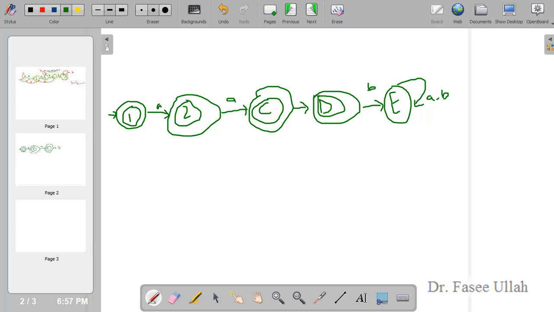This is B, based on the condition, is also B. And D to 2, back, so this is A, fine, and B to 2, back to A, so this is B, and this is B, and over here we have a loop for A.